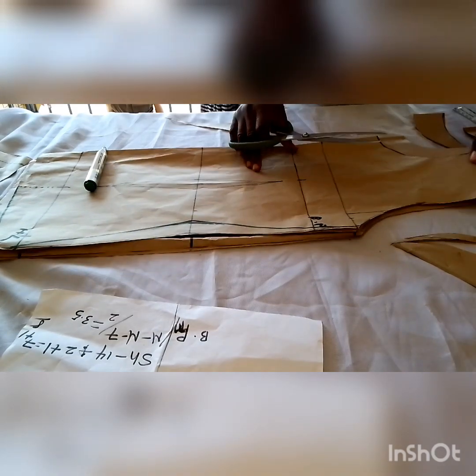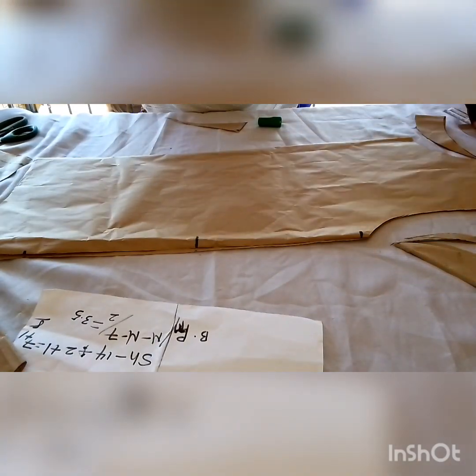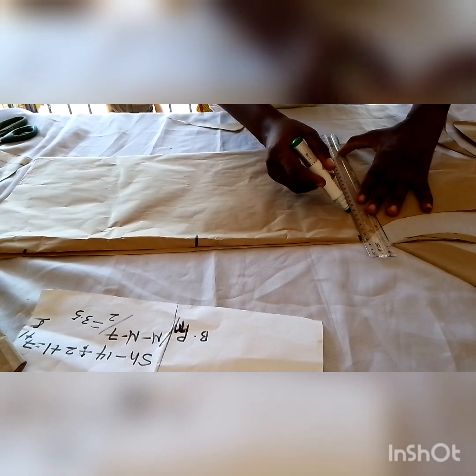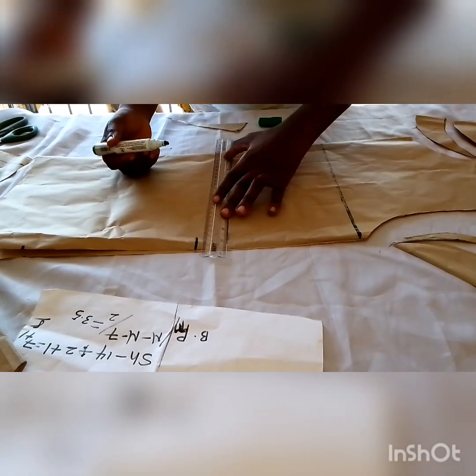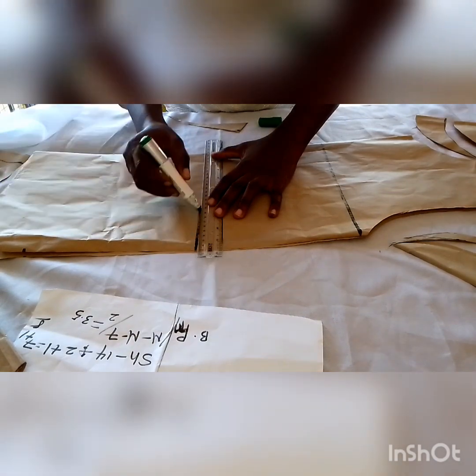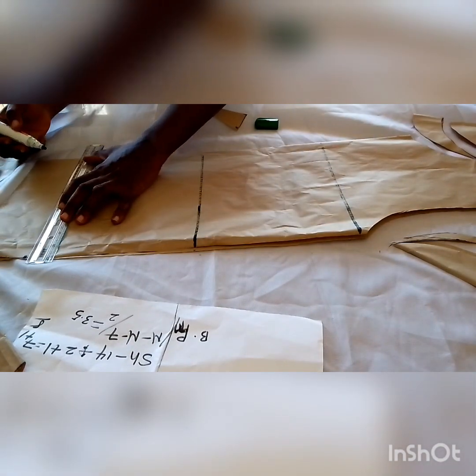That's the shoulder slope right there. So the next thing to do now is to make my chest line a straight line, the waistline, and the hip line.